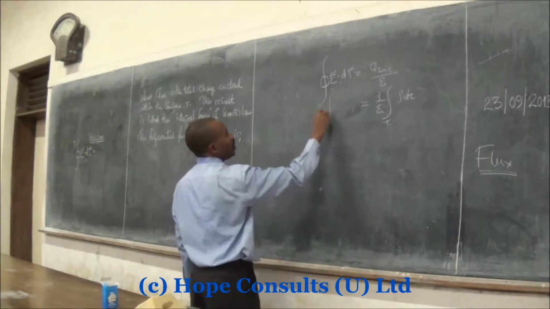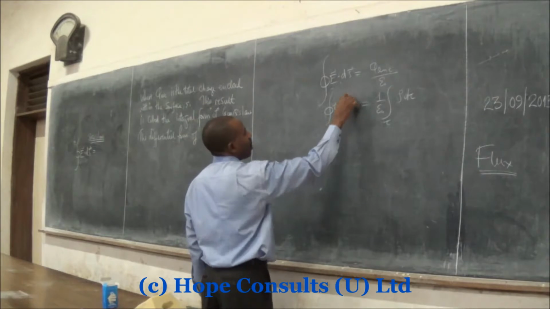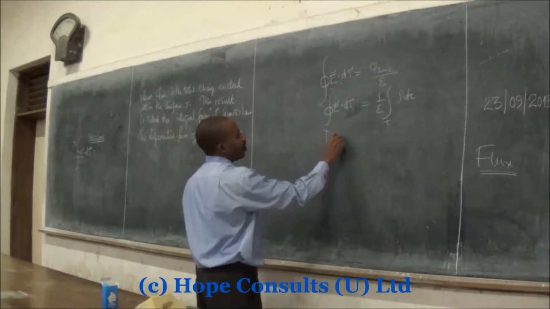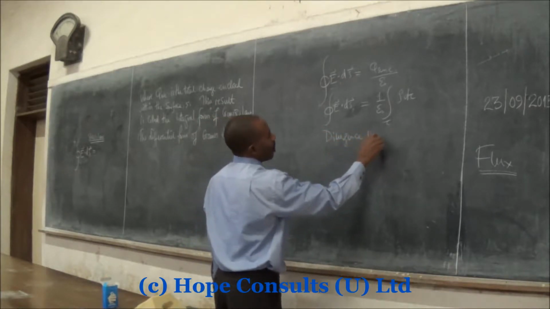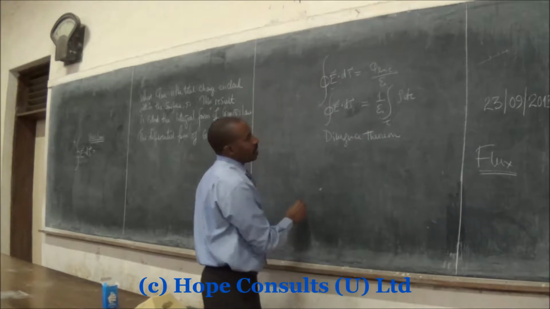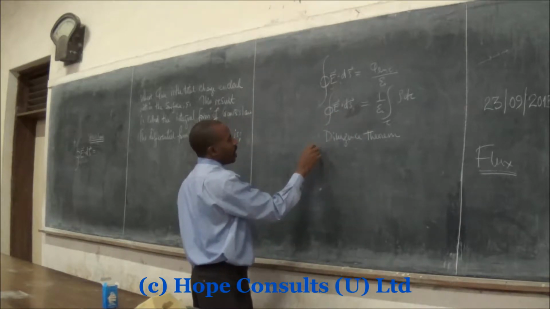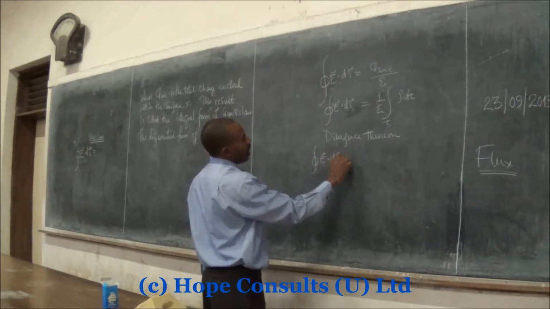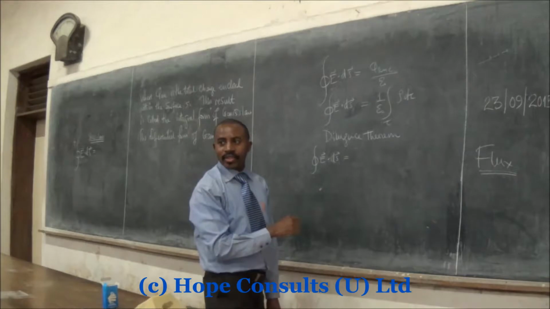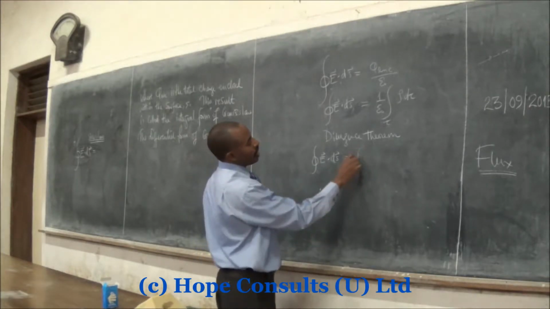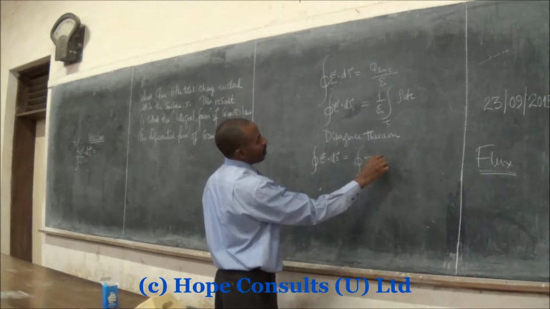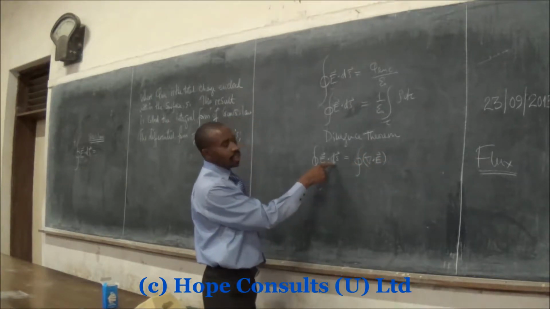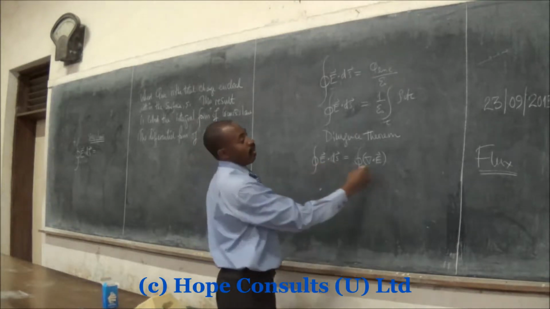This being the same as integral E dot S. But we know that we can use the divergence theorem, if you remember, and say that this integral of E dot S can be changed into the volume integral, by saying that this would be integral of the divergence of E. Then we change now to d tau, which is the volume.